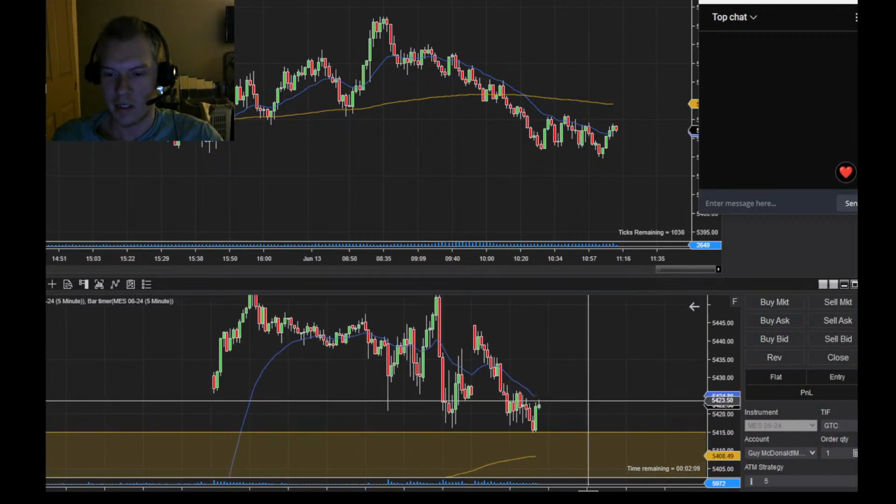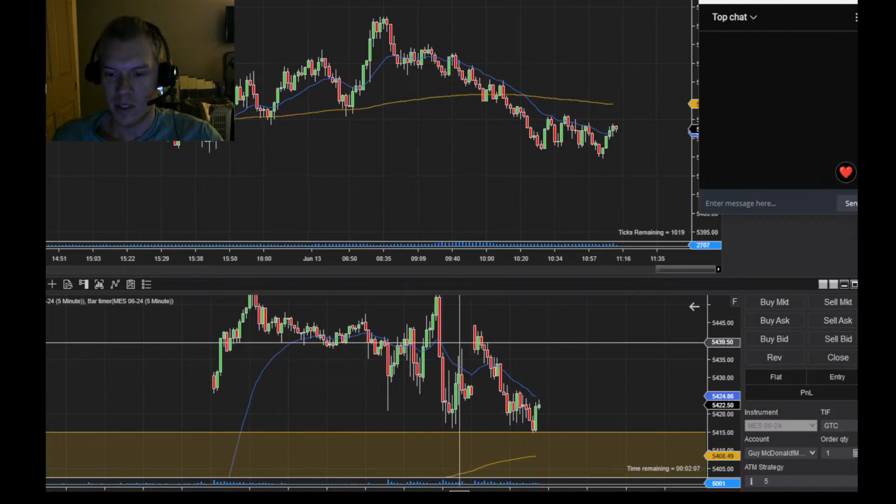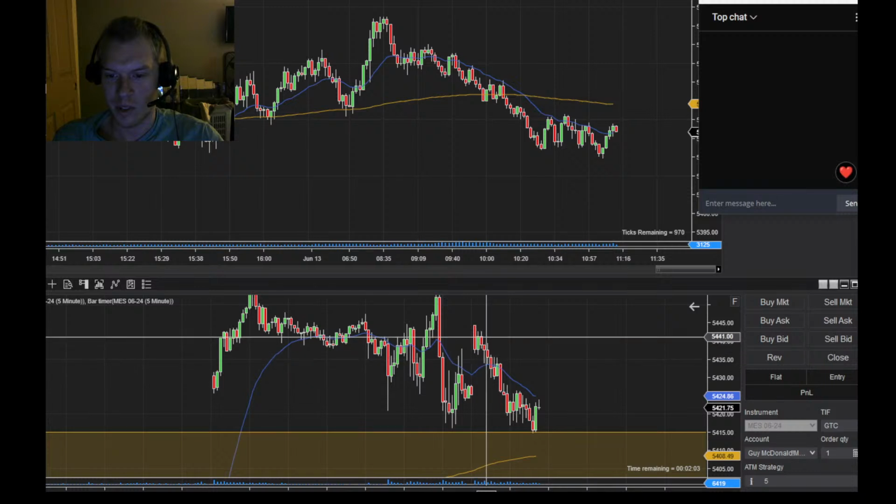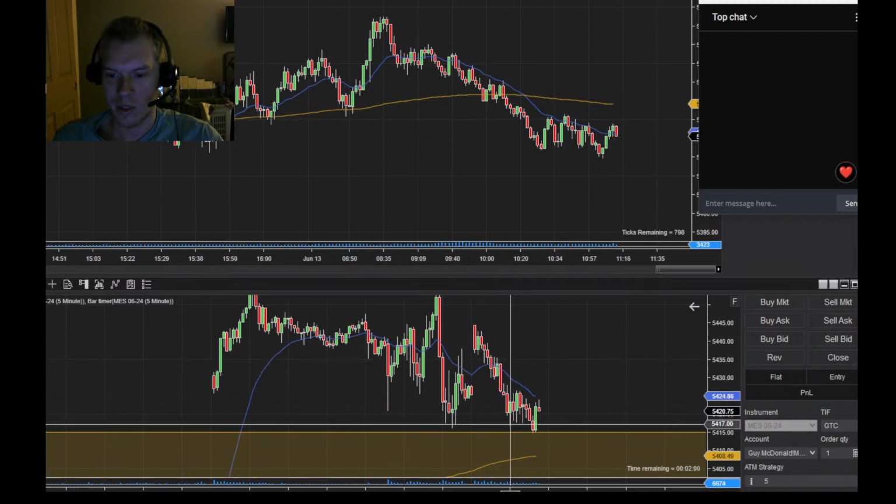Now looking at today, first thing I noticed is that we've had a wedge, which is 3 pushes down. So first push, then second push, and third push.